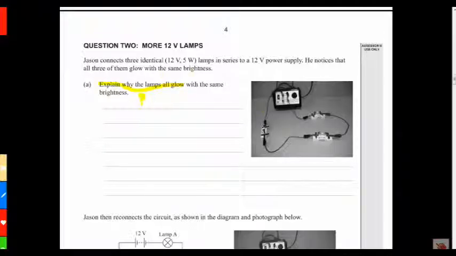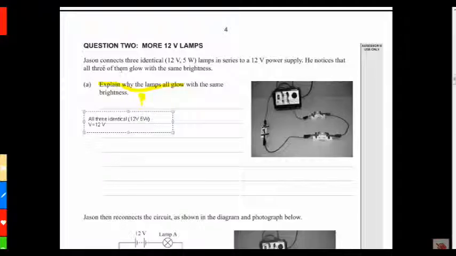So in reference to the lamps, let's start tracking our data. It says here all 3 lamps are identical, and their power rating is 12 volts and 5 watts. And we have voltage equal 12 volts for the circuit.